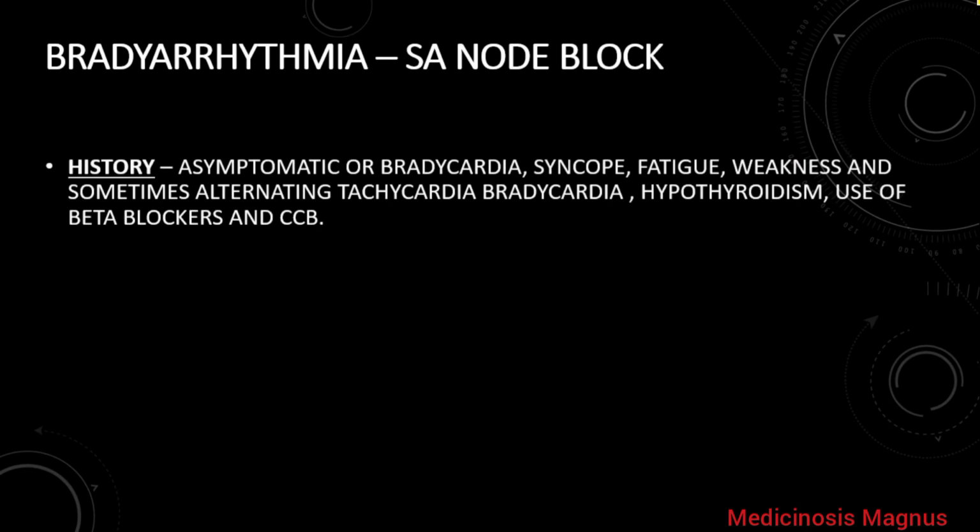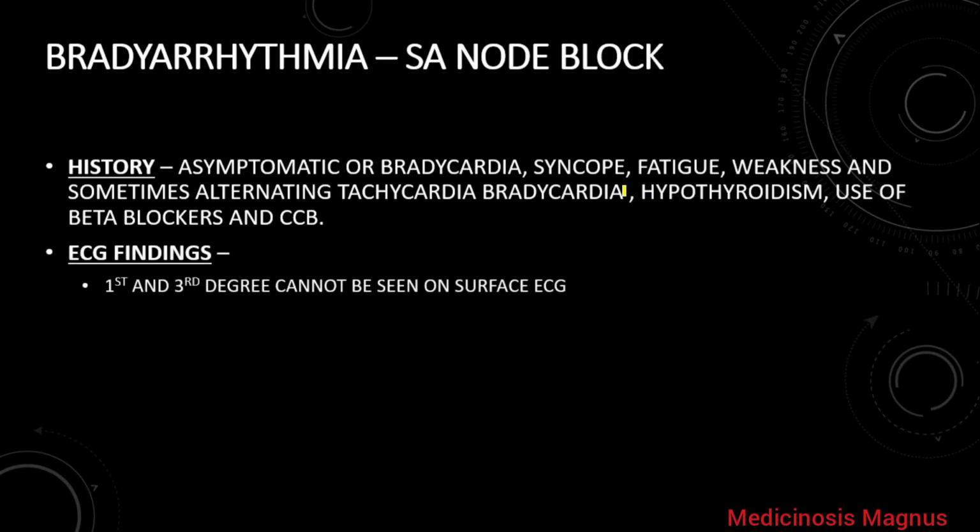Just like the sinus pause, these patients would also have the same symptoms, or they can be asymptomatic. In the ECG findings, we can see mainly the second degree SA nodal block. The SA nodal block itself has 3 degrees: the first degree, second degree and the third degree.